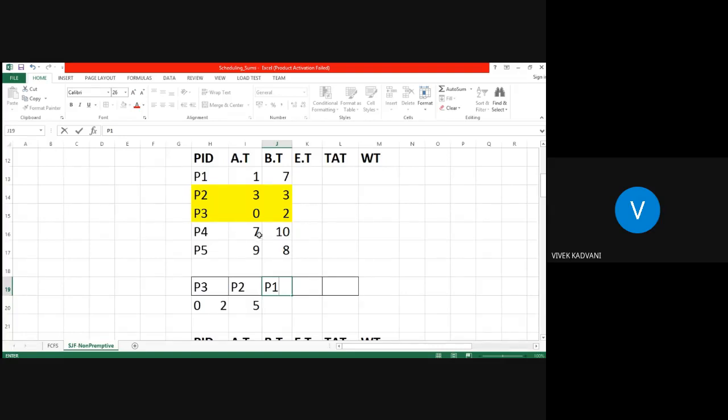Did I make a mistake? Wait. Let me check it with my solution here. Yes, ma'am. Because in my solution, in the book that I am referring to, I have solved the answer.